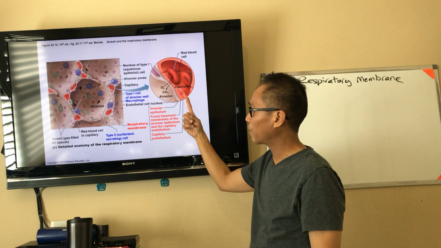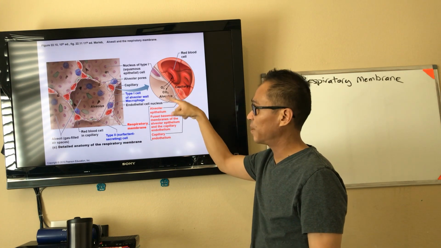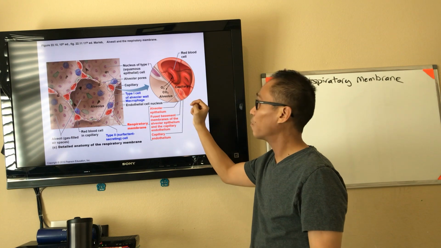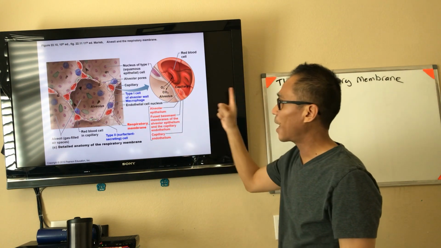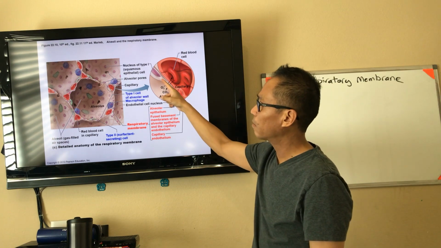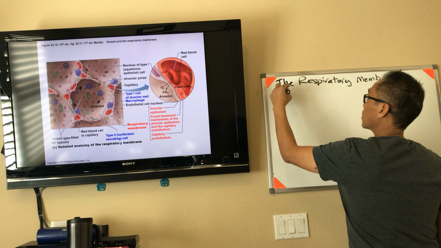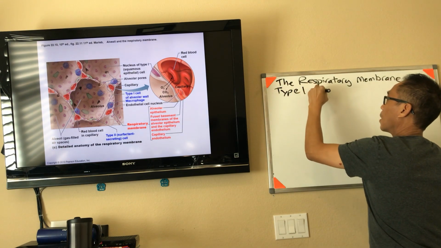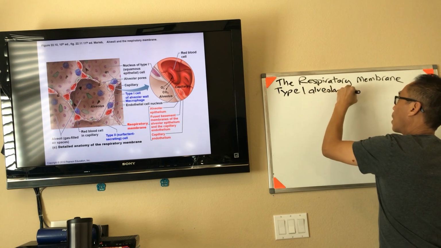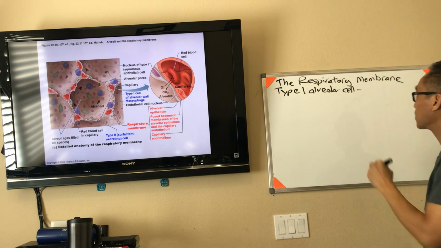When we say respiratory membrane, we're talking about this thin membrane where gases can be exchanged across. So the main cell you see lining here is this type 1 cell, type 1 alveolar cell. It's the main cell of the alveolar space.